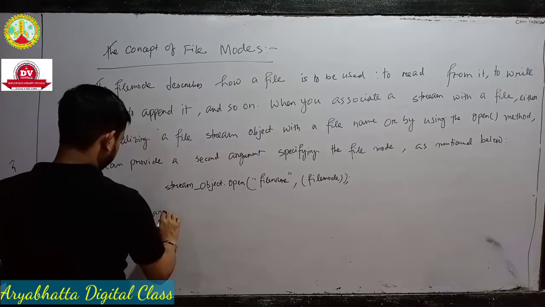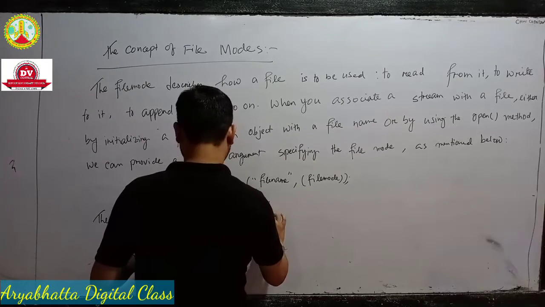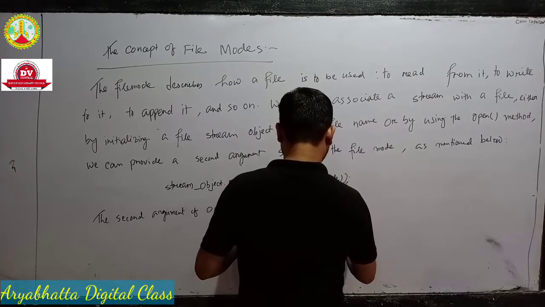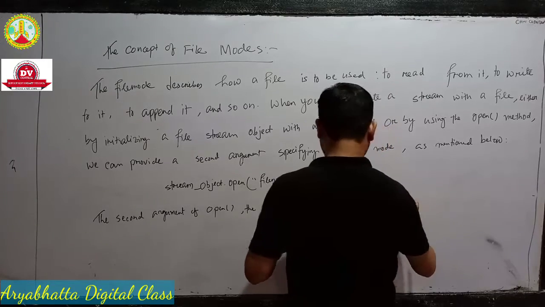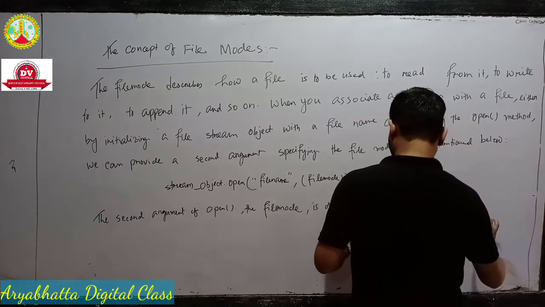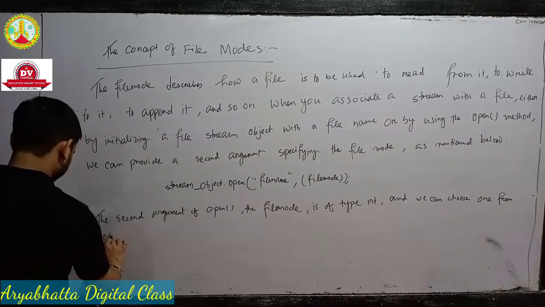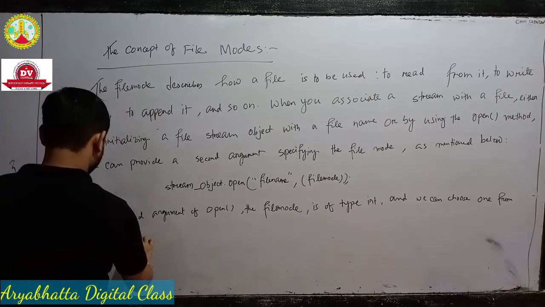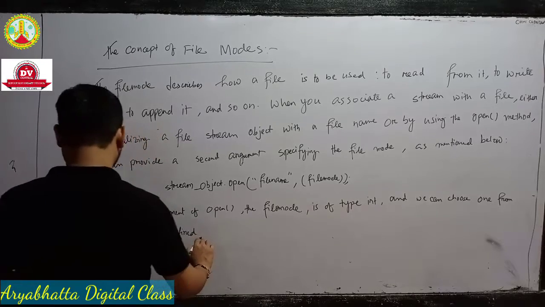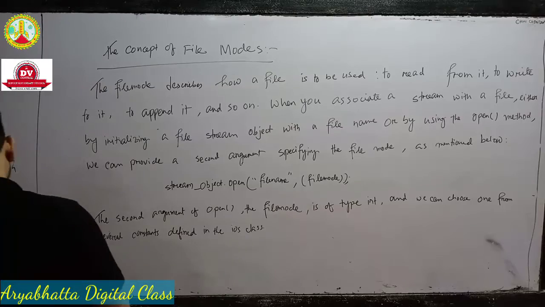The second argument of open, the file mode, is of type int, and we can choose one from several constants defined in the ios class. ios means input output stream, right?